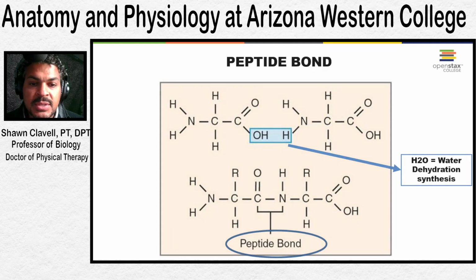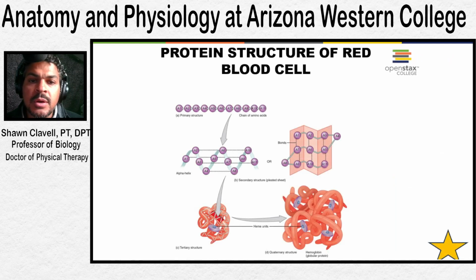That brings us to the structure of these proteins, because the structure is what gives it its unique shape, and the shape is what gives it its uniqueness and its ability to function.